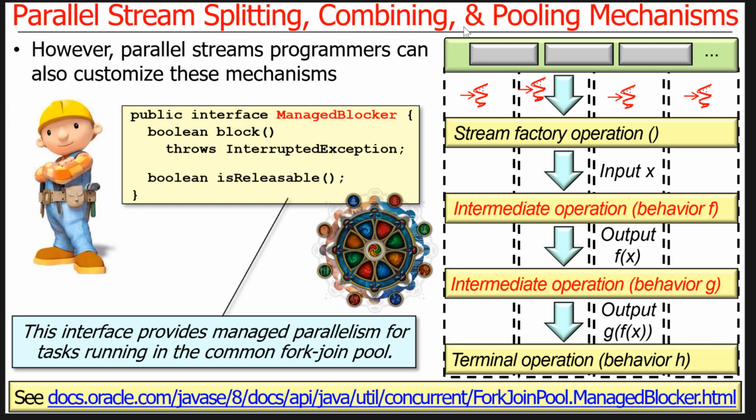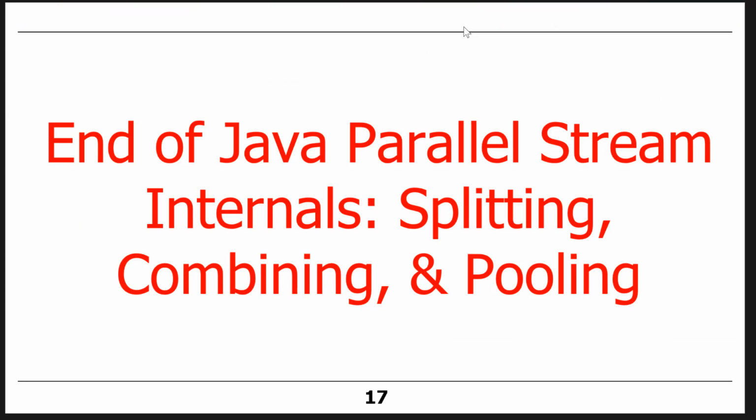And then later, when those threads aren't used for some period of time, they can be reaped and returned back to some common idle pool or just removed altogether, thereby making it possible to expand and contract the number of worker threads that are available in that pool. And we'll talk a lot about that when we talk about the fork-join pool a little bit later. Okay, so that was a quick summary, at a high level, of what the splitting, combining, and pooling mechanisms are that you can customize in one way or another.